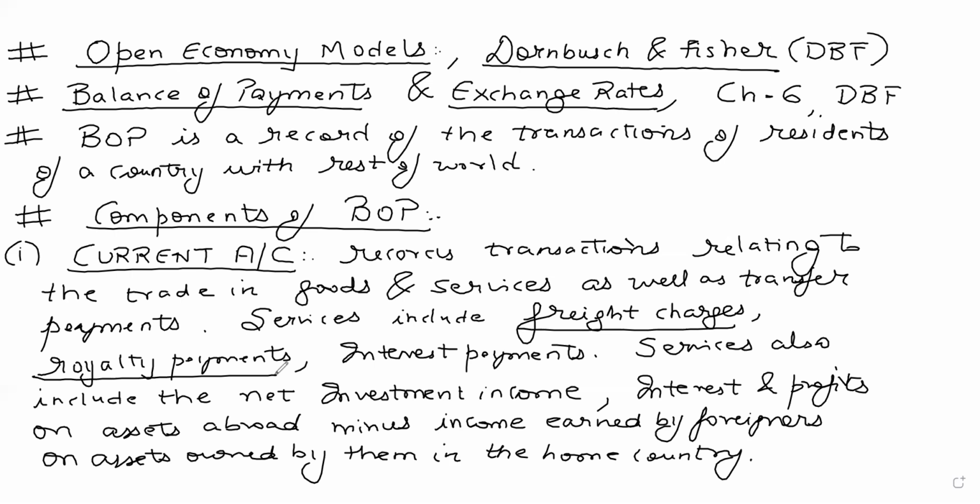Then we also have net investment income, which simply captures the income earned from investments made by the domestic residents abroad minus the income earned by the foreigners who have made investment in our economy. Then we have interest and profits on assets owned by the residents abroad minus the income which the foreigners receive on the assets which they own in our economy. So all this is a part of the current account.